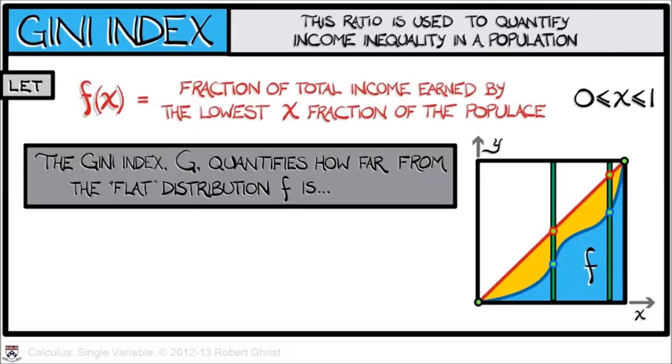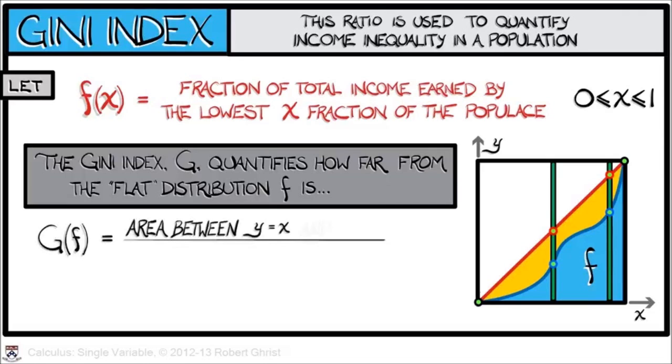The Gini index is a measure of how far from the perfectly flat or equitable distribution you are, and it's defined as follows. It's the ratio of the area between the flat distribution, y equals x, and the true income distribution, y equals f. It's the ratio of that and the area between y equals x and y equals 0.